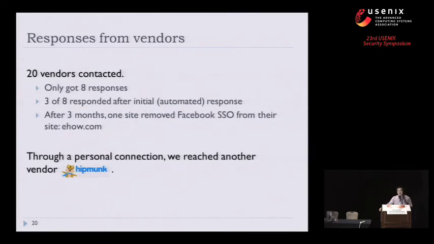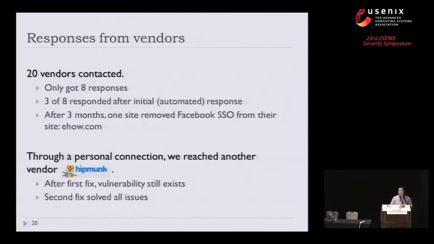Through a personal connection, we were able to reach another vendor, Hipmunk. This time, because we were able to contact one of their co-founders, their engineers took it very seriously and got back to us very quickly. The interesting fact is that after they first claimed to fix the problem, an SSOScan rerun revealed that they were still vulnerable to the access token vulnerability.